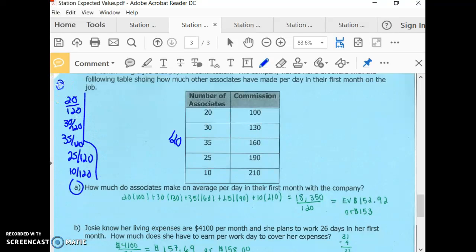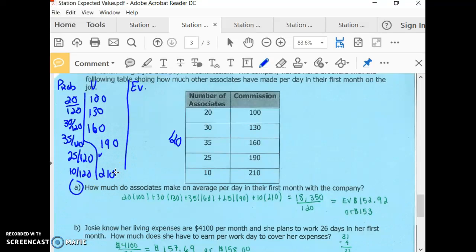So that's my probabilities, and then my values, and then over here I can have expected values. So this is 100, 130, 160, 190. Well, that goes there, 190, and then this 210.